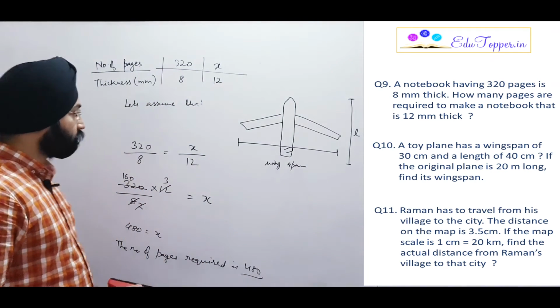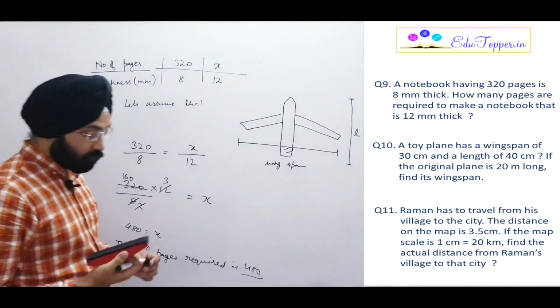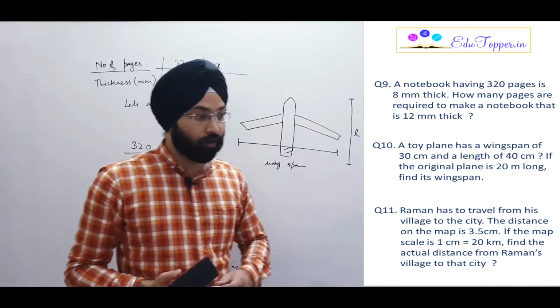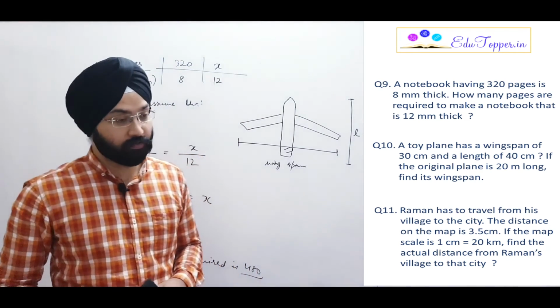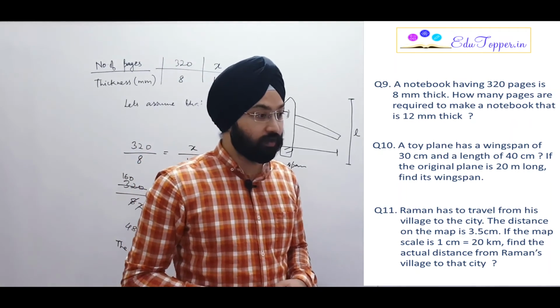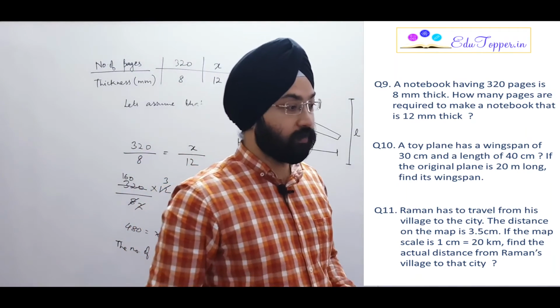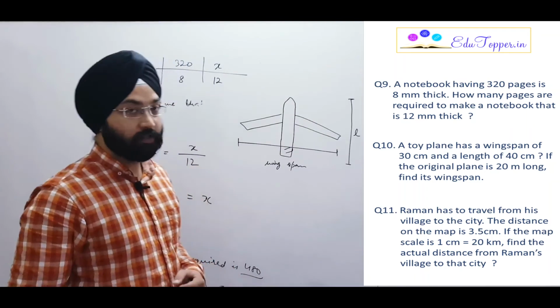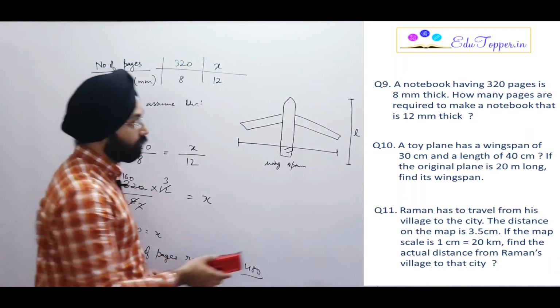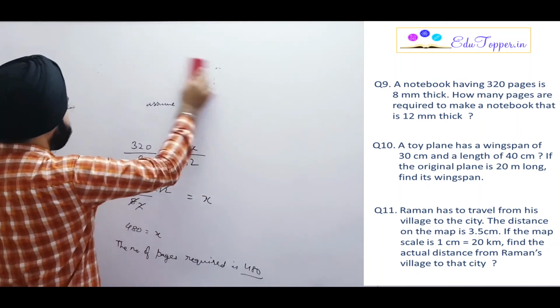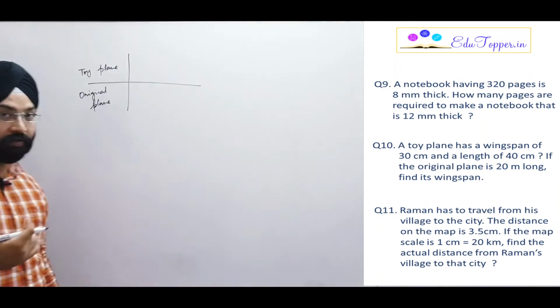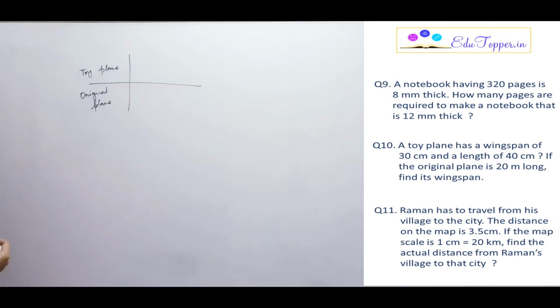Right? So the wingspan of a toy plane is 30 centimeters, and the length of a toy plane is 40 centimeters. If the original plane is 20 meters long, what is the wingspan of the original aeroplane? So should be easy for you to solve now. Try. Dimensions are toy plane to original plane.